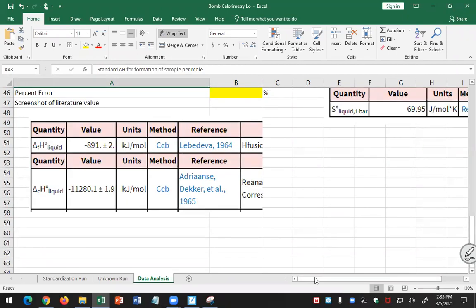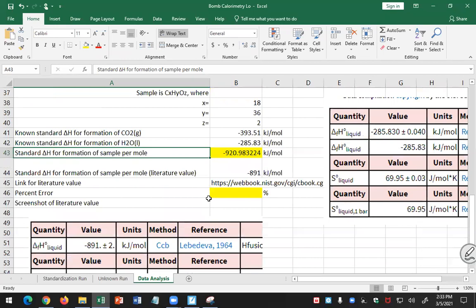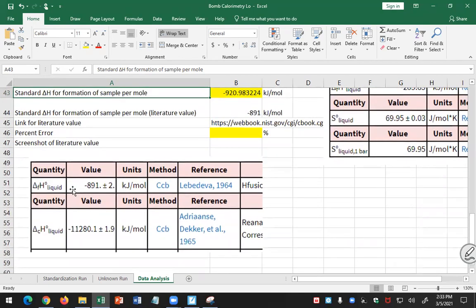Whenever you went to NIST and you looked up the condensed phase chemistry data, mine says it's a solid. Solid? Yeah, then that means your compound must have been a solid. You just read the first value for delta H of formation. Actually, there are two values here. Not for water, I'm talking about for your unknown. Oh, I only have one number. Stearic acid is a liquid, it's an oil, so I have three.